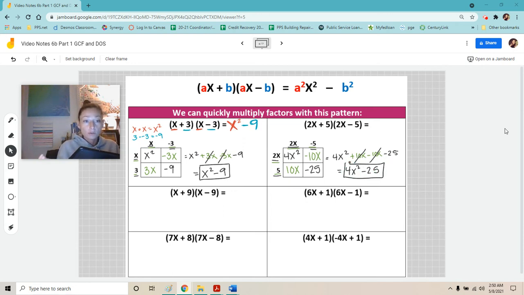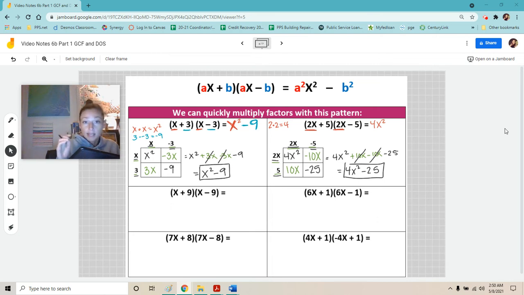Now I can also use, again, this pattern or the shortcut that we see above. 2 times 2, 2 squared, is going to make 4, so I'm going to end up with a 4x squared.